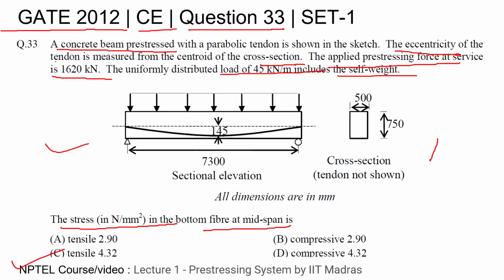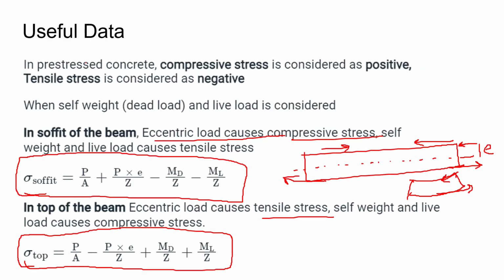Let's first write down what we have been given. The width is 500, height is 750 mm, eccentricity is 145 mm, the entire length is 7.3 meter, and the uniformly distributed load of 45 kN per meter, and the applied prestressing force is 1620 kN.